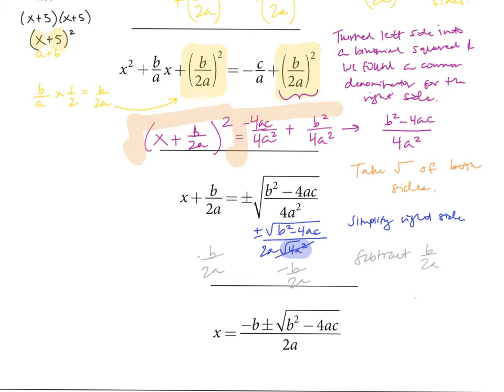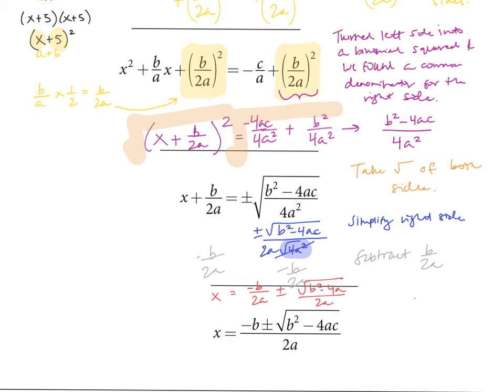Now, it's getting a little bit complicated over here. Let's rewrite what we have. We have x on the left. On the right side, we have negative b over 2a. I can put that up front if I want to, and reverse the other spot, and then I have plus or minus the square root of b squared minus 4ac. That is also over 2a.